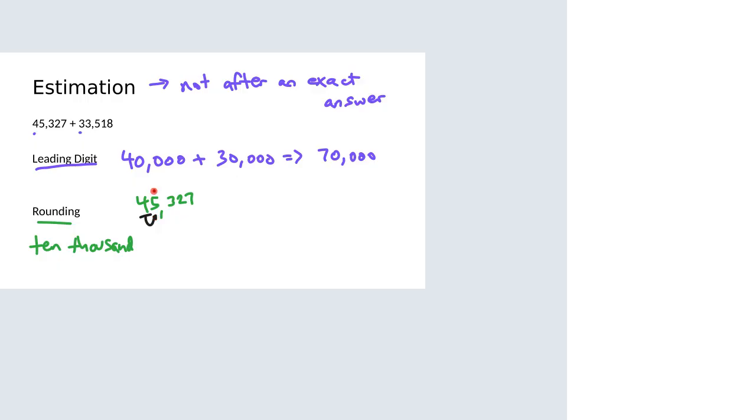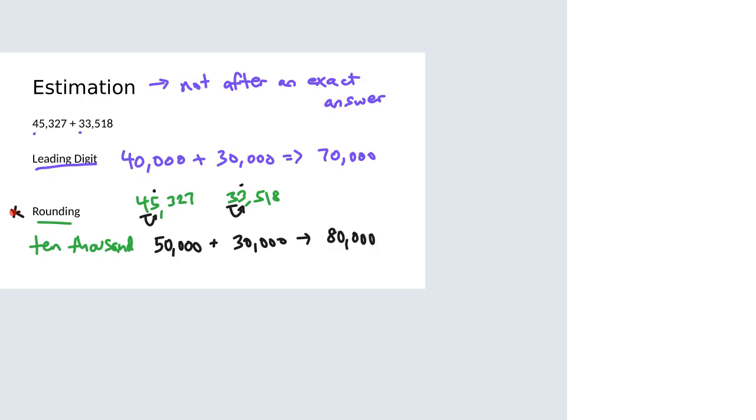That's 5 or bigger, so we'll round this up to be 50,000. And then I also want to round 33,518 to the nearest 10,000. So we'll find the 10,000. We'll look one space to the right. That's 4 or lower, so we'll round this down to 30,000. And now to finish off my estimate, I'll add those together and have 80,000.